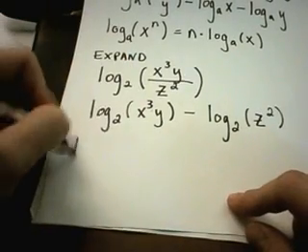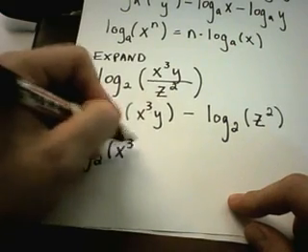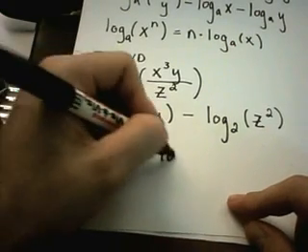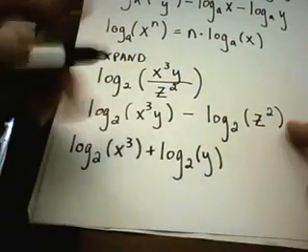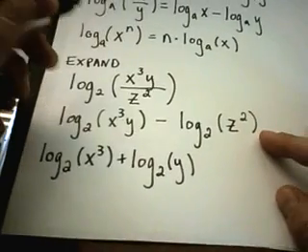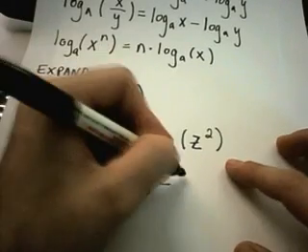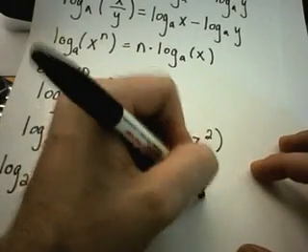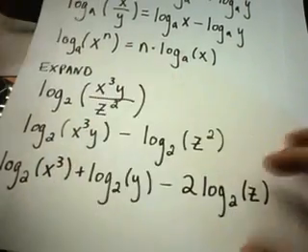But now I do notice that I have multiplication, so I can break up this first one as addition. And I am going to use this property on my second one over here. It says if you have something raised to a power, you can pull that power out front. So I'll get minus 2 log base 2 of z.